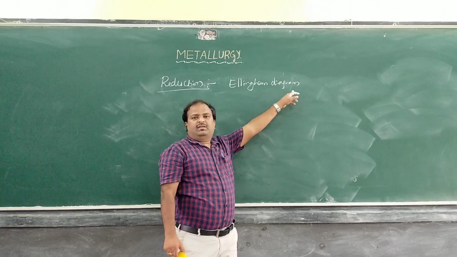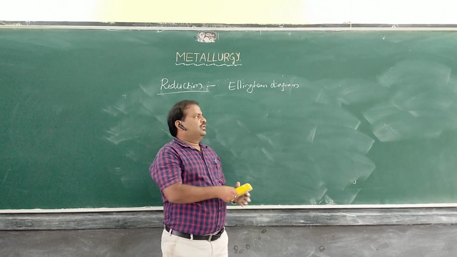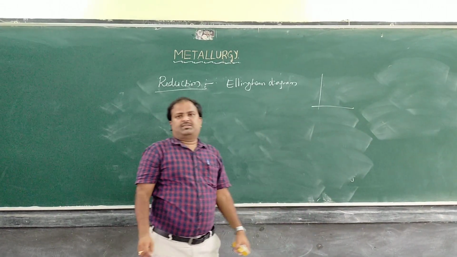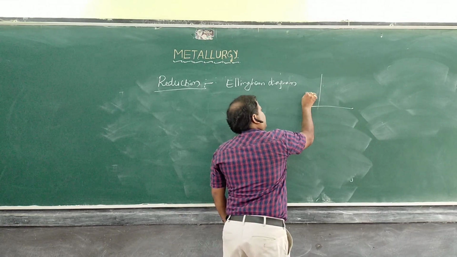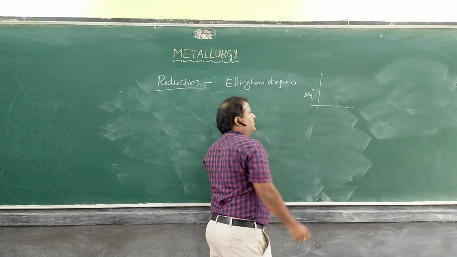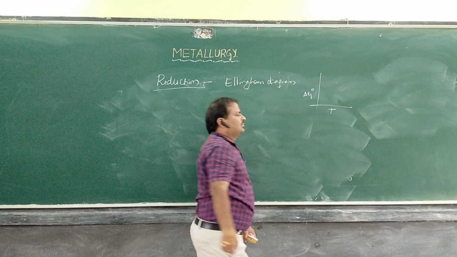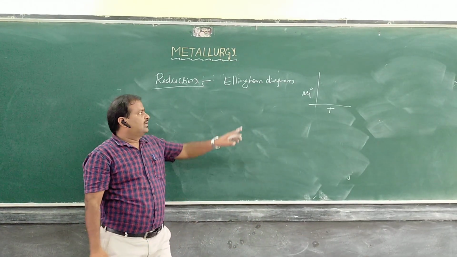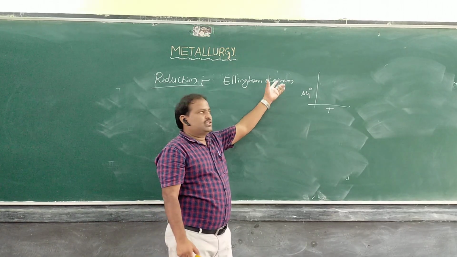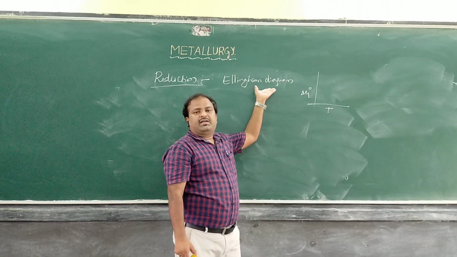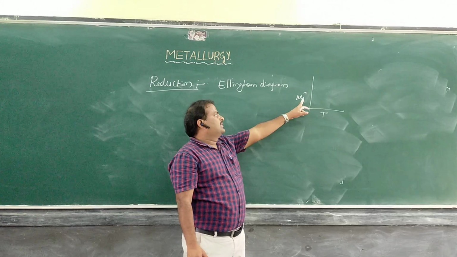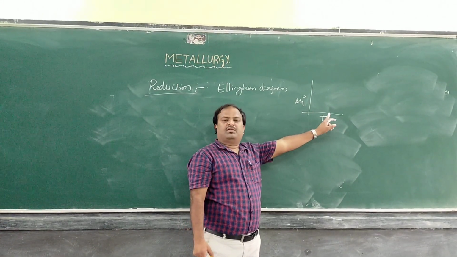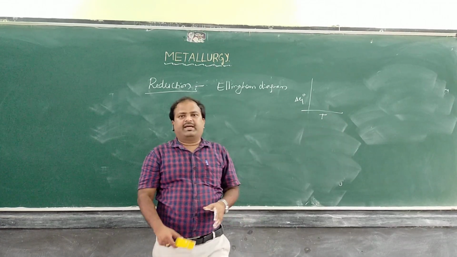That is nothing but a graph drawn by plotting the standard free energy change, delta G naught, versus temperature for the formation of oxides of different elements. That is called the Ellingham diagram.